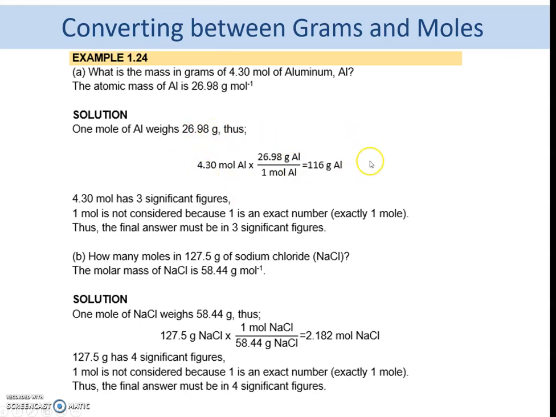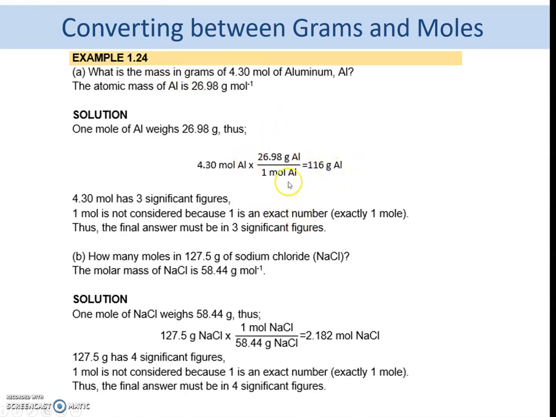Thus, this is how we solve this problem: 4.30 moles aluminium. Our desired unit in the end is grams, because the question is what is the mass in grams.